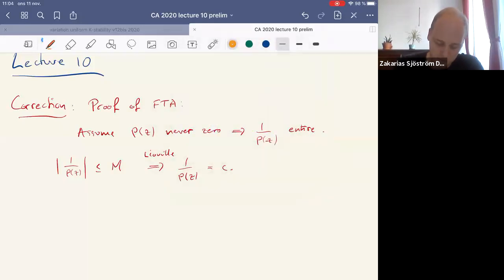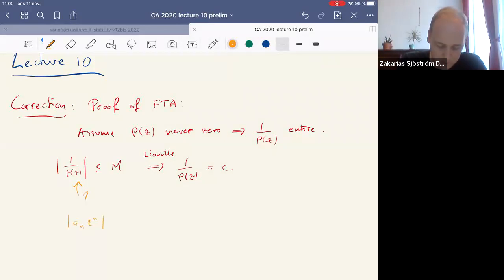There was a question: why is this true? Morally speaking, the polynomial goes to infinity at infinity, and 1 over P is bounded everywhere else.